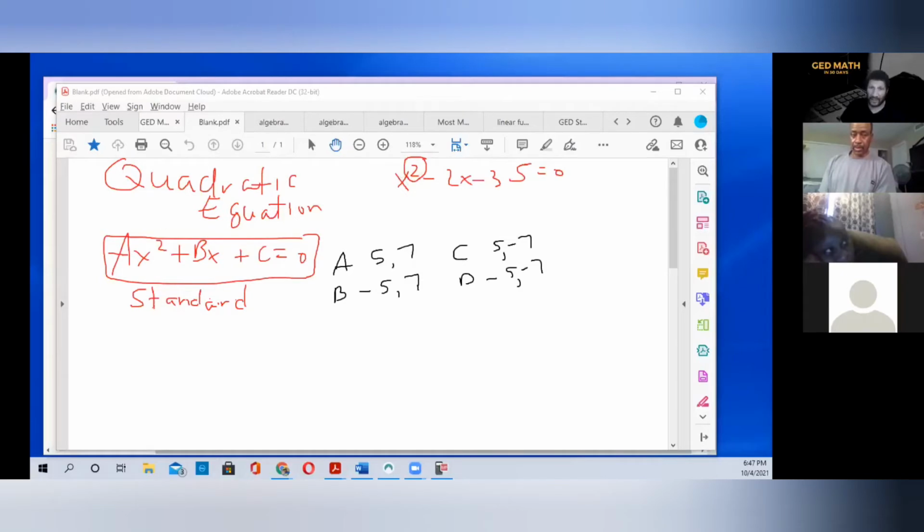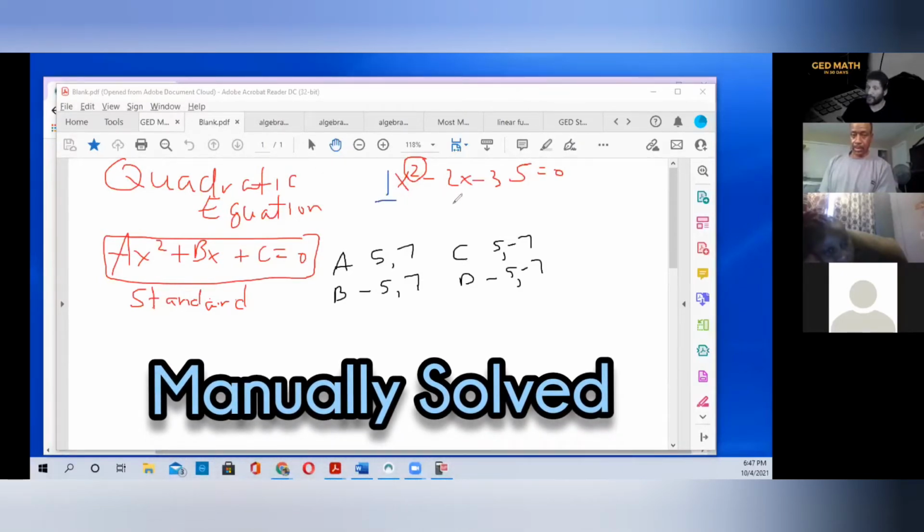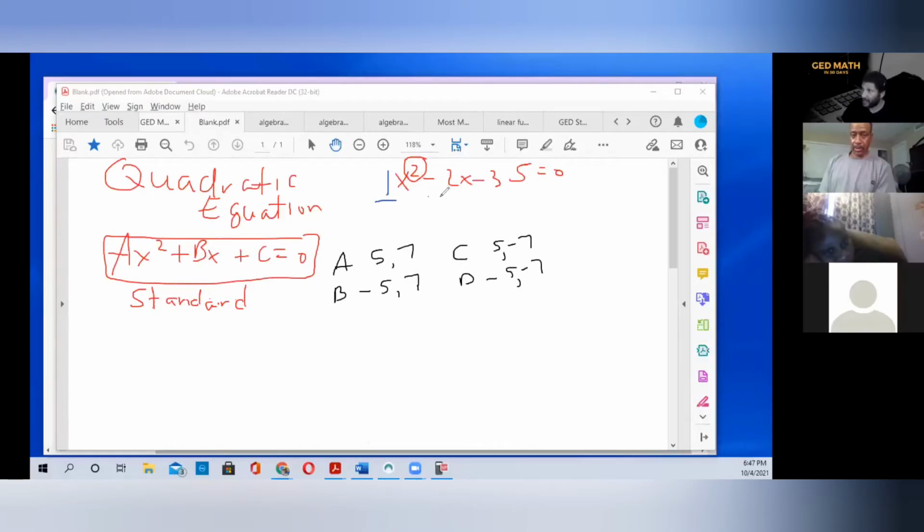So the coefficient in front of x squared is a 1. The coefficient in front of the x is a -2. The last number we're looking for is -35. So A is 1, B is -2, C is -35.